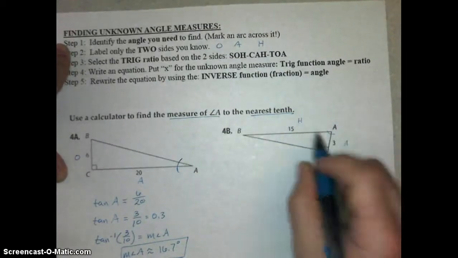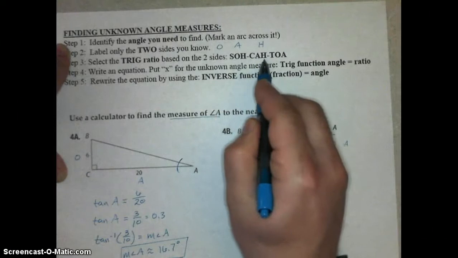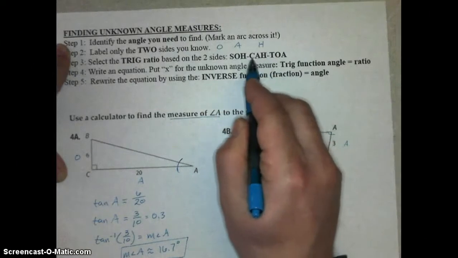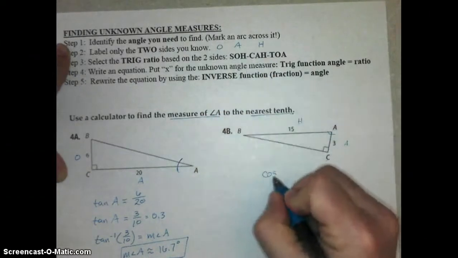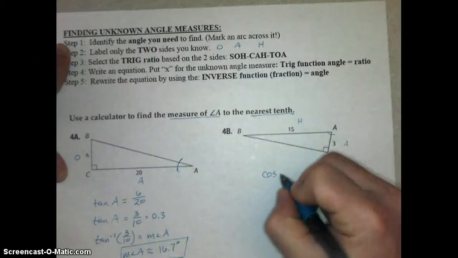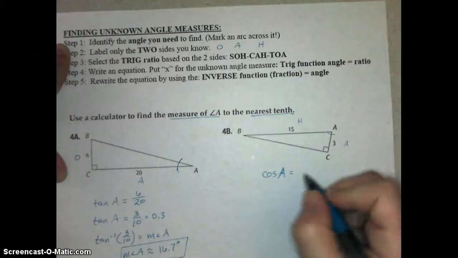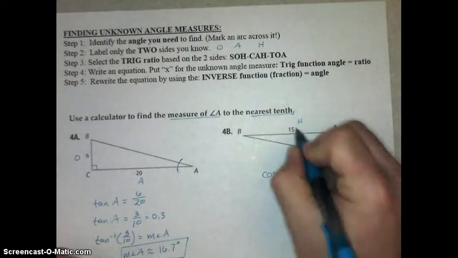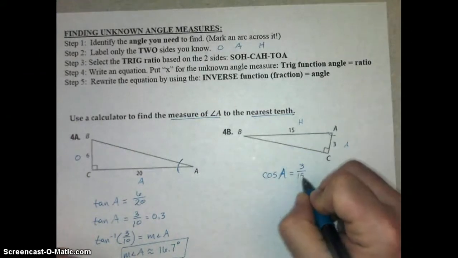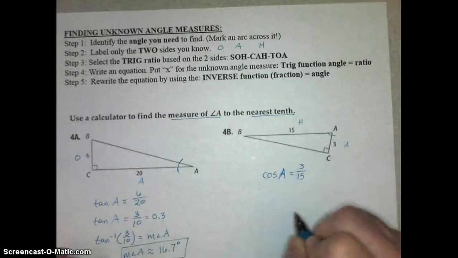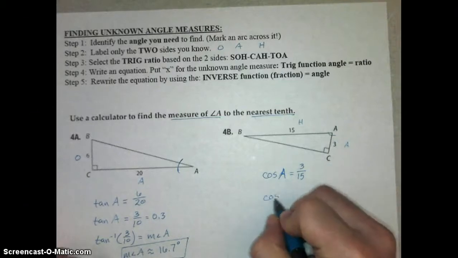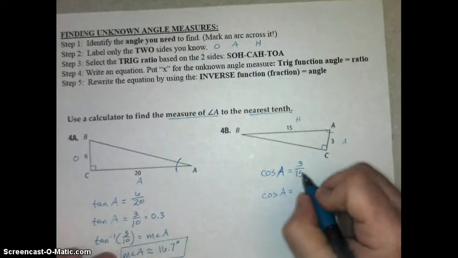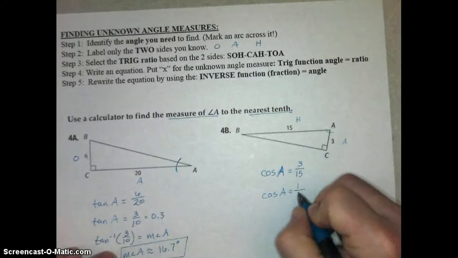Since I'm using adjacent and hypotenuse, the A and the H are together with cosine, so I'm going to set up my cosine equation. The cosine of angle A, I don't know that angle measure, so I have to write A, equals the ratio of adjacent leg over hypotenuse, 3 over 15. Again, simplify that fraction if you can. Cosine of angle A equals 1 over 5.